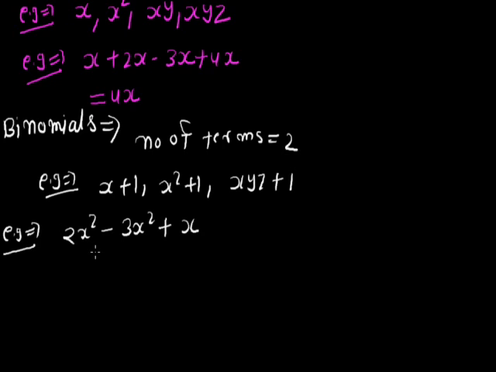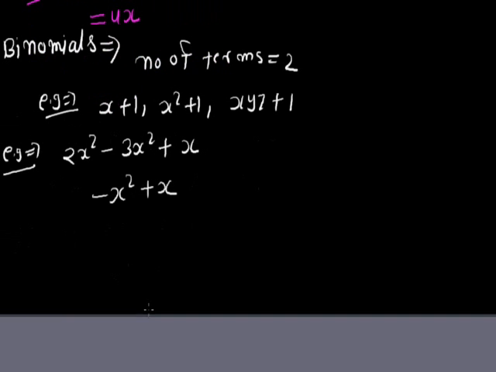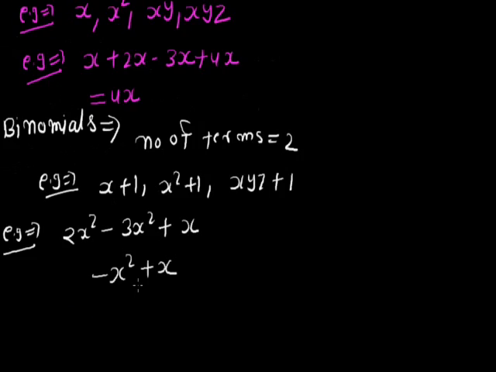So if you observe the first two terms of this expression 2x square minus 3x square, this can be written as minus x square plus x. So our final expression is minus x square plus x, which has number of terms is equal to 2, so it is a binomial. So by just observing any expression, we cannot say that it is our monomial, binomial or trinomial. We have to solve this expression.